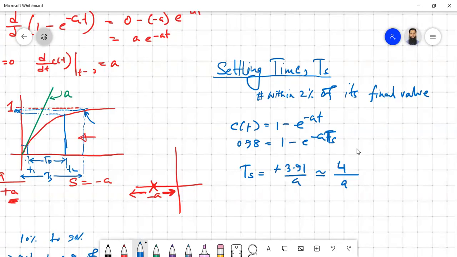Analytically, it is not always possible, and it is also not practical. But we can do it by obtaining the step response of the system. So how is it possible? With a step response, as we have seen in the example given here, it is possible to figure out the final value, because we know what the final value will be.